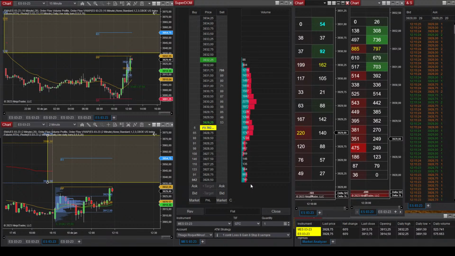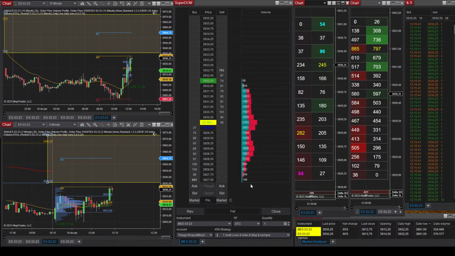A range being formed frequently leads more to a continuation than a reversal, but in this case it's a bit different since we are right at the pivot point and close to the value area. So we could see it could lead. We are in a kind of uptrend here.